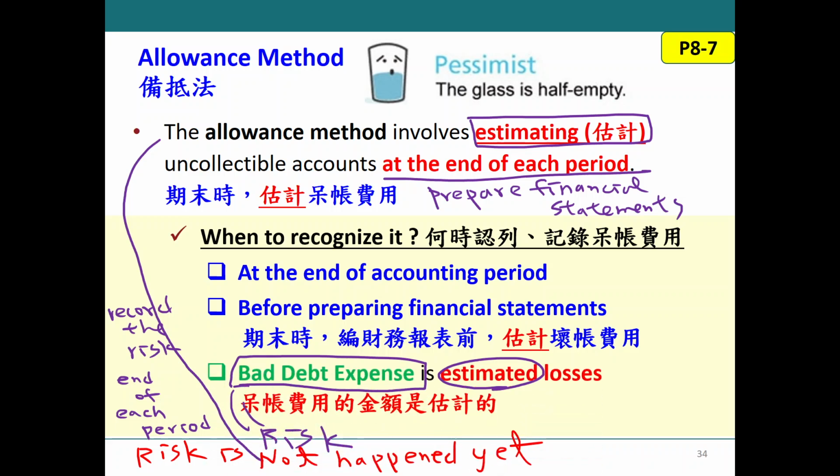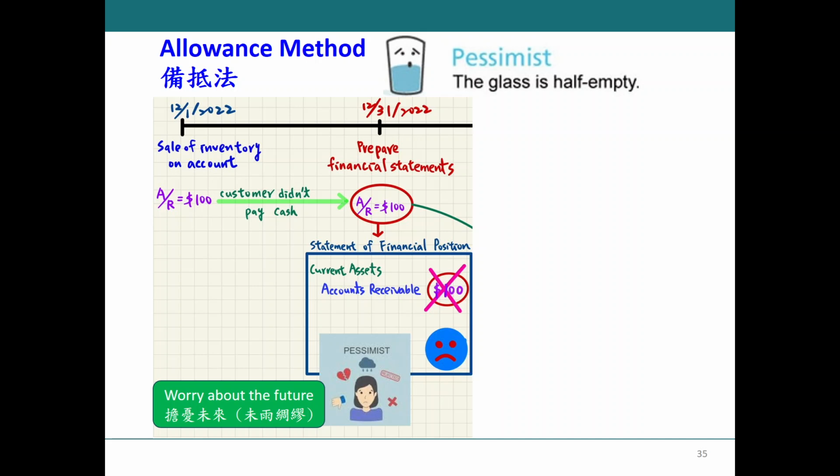Any questions? So based on this concept, which number do we put on our financial statement right here? Accounts receivable $100. How much do we put? Not 100, right? So which number are we going to put on the financial statement?